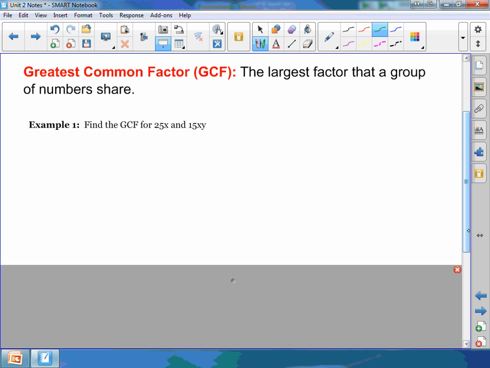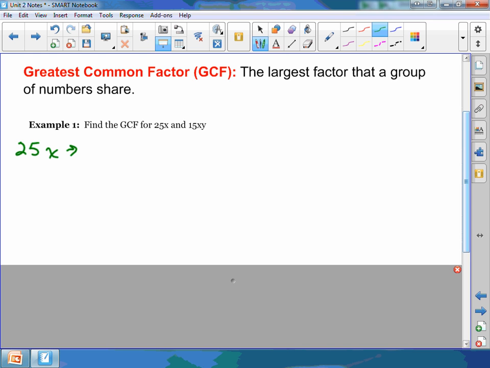And there are a couple of ways that we can get the GCF, but the most effective and preferred way by all of my students seems to be the list, just making a list. But I'm going to talk about strategies today, so you don't always have to make a list. Ideally, you could just look at these two numbers or terms and figure out what the GCF is, but we're going to get to that point. So let's start off with the more basic variety here. Let's make a list.